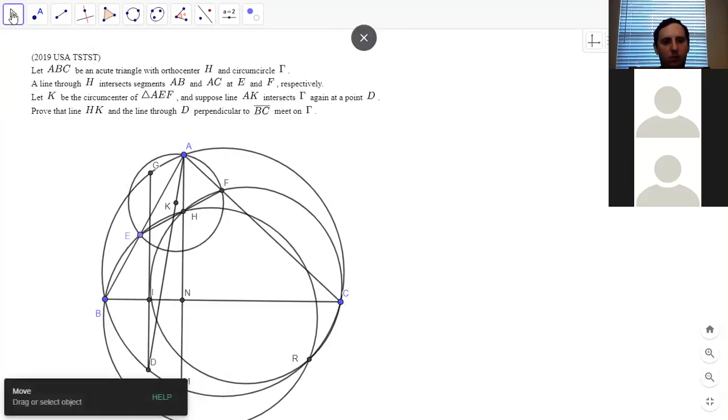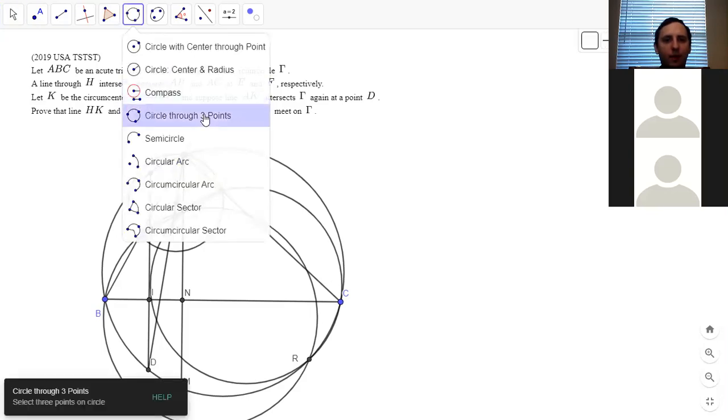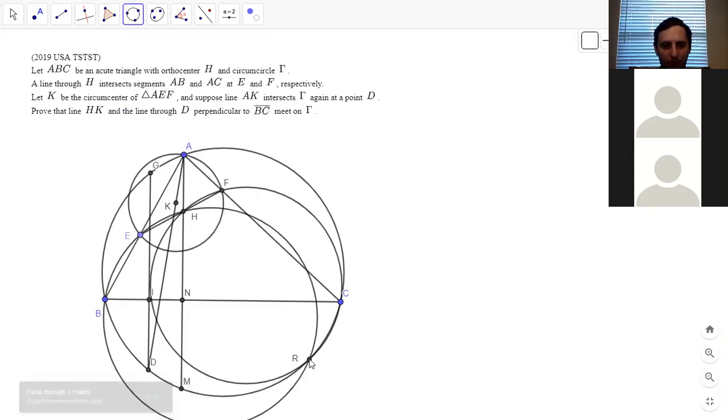And we will prove that EKFR is concyclic. Just using angle chasing, we will have angle ERF is equal to angle EBH plus angle FHC, equals 180 degrees minus 2 times angle A, so it's equal to angle EKF.